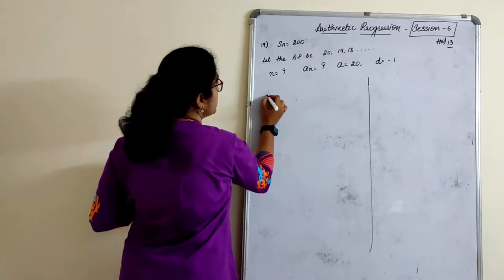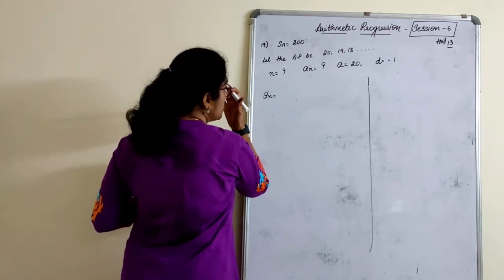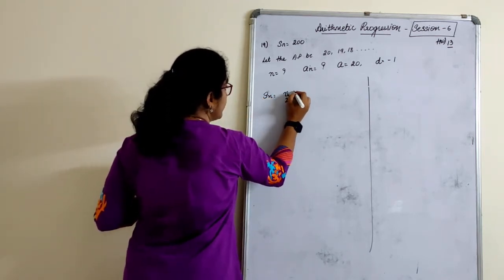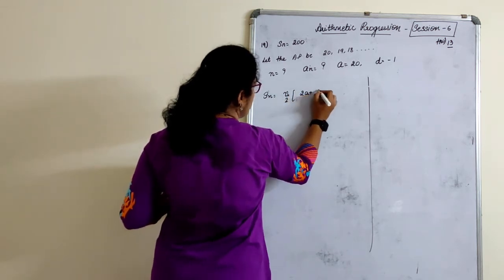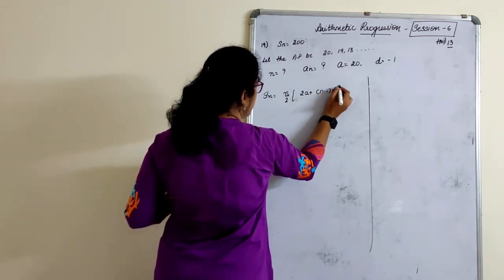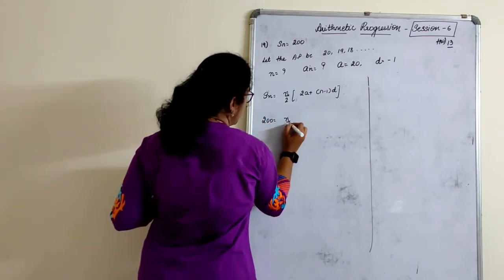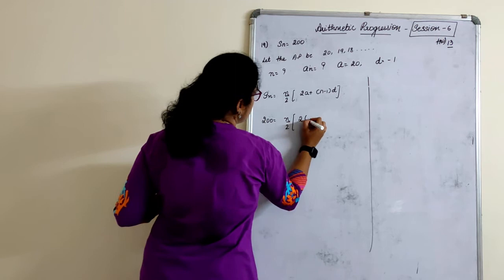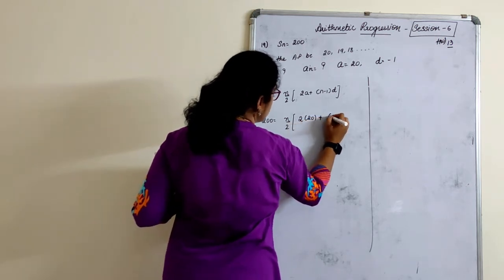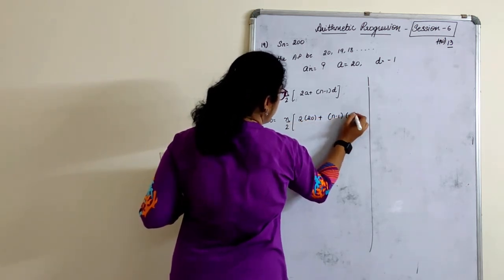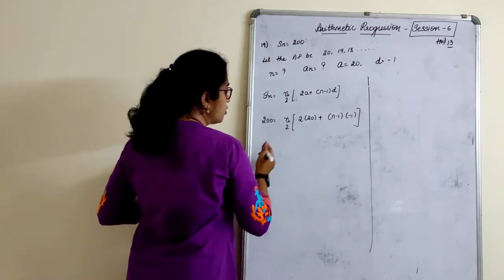So let's quickly start. Sn is equal to n by 2 into 2a plus n minus 1 of d. 200 is equal to n by 2 into 2 into 20 plus n minus 1 of minus 1. So nothing common will be there here.